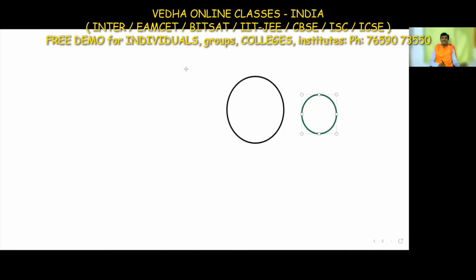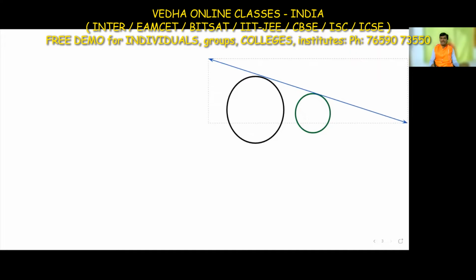Okay, so now what is given, he is asking the direct common tangent, the equation of the direct common tangent. Now I am taking the line here. A common tangent means the line which touches both the circles.